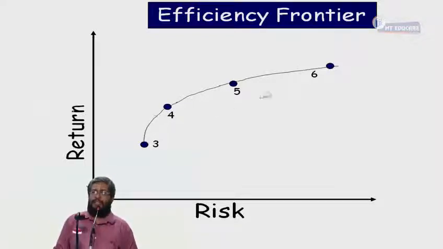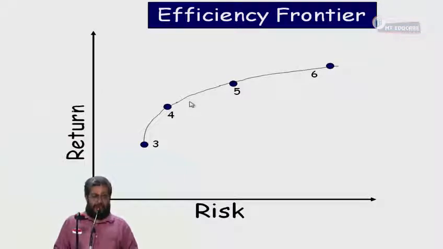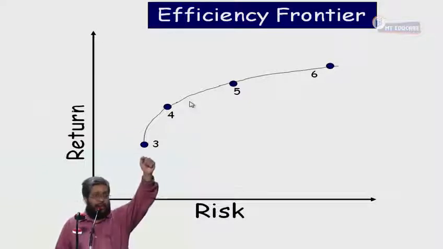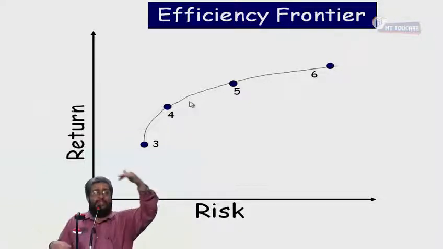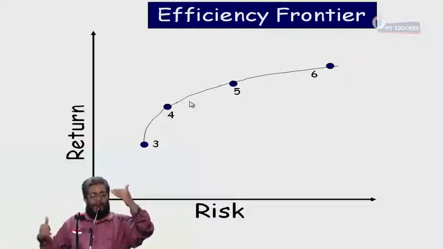All the points in this curve are all what points? Efficient points only. All the portfolios or securities in the efficiency frontier are all efficient securities. Right or not? So what is an efficient security or an efficient portfolio? An efficient portfolio is a portfolio for which there does not exist any other portfolio giving more return for a lower risk, or more return for the same risk, or the same return for a lower risk.